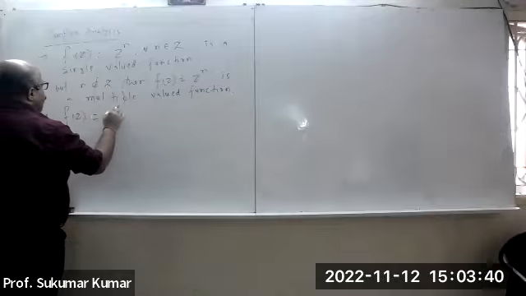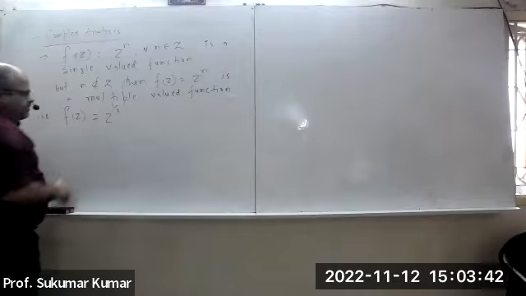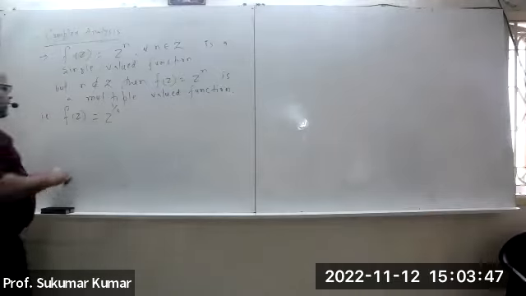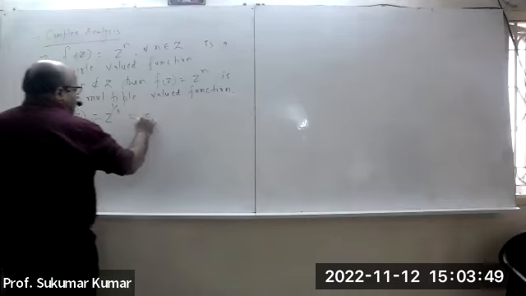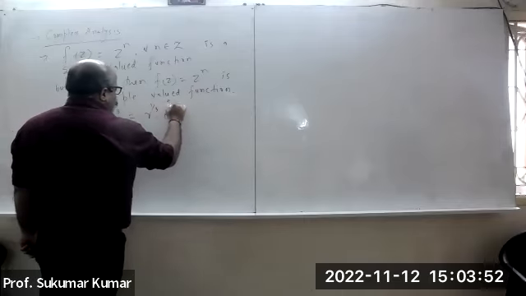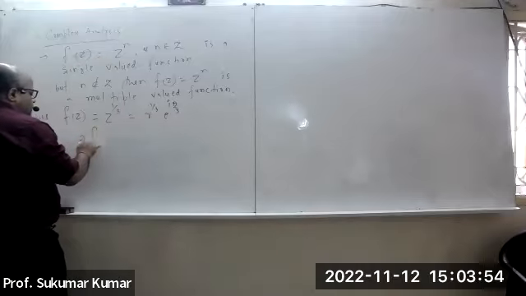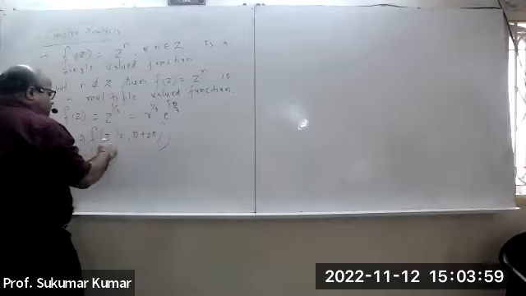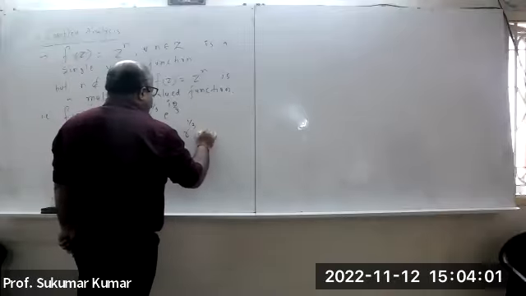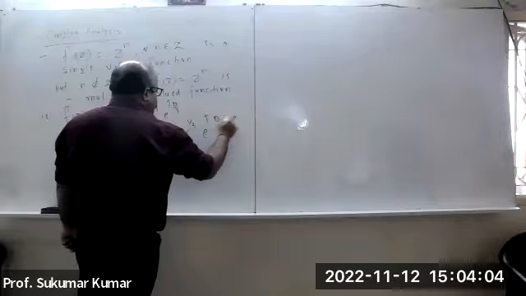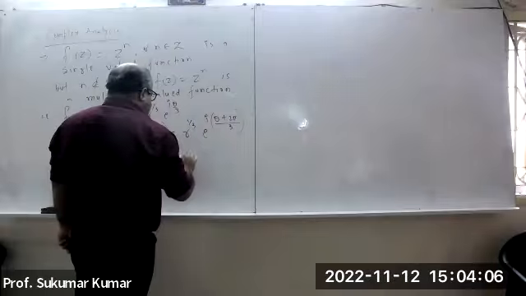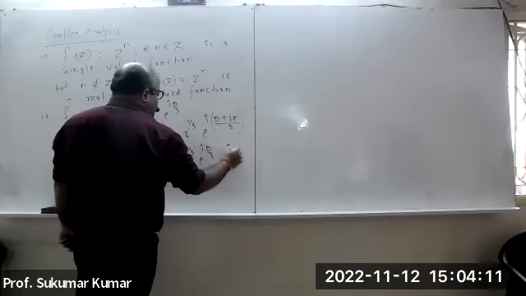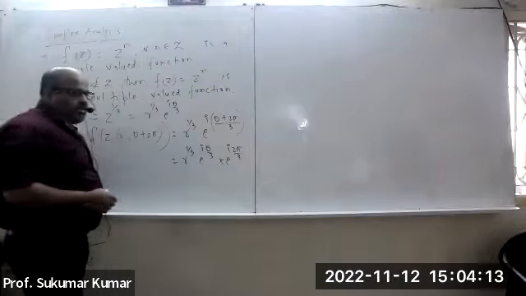Suppose z power 1 by 3, or 1 by 2, any other real number. Then r power 1 by 3 e power i theta by 3. If we put theta plus 2 pi, e power i 2 pi by 3 will come, and this is not equal to 1.